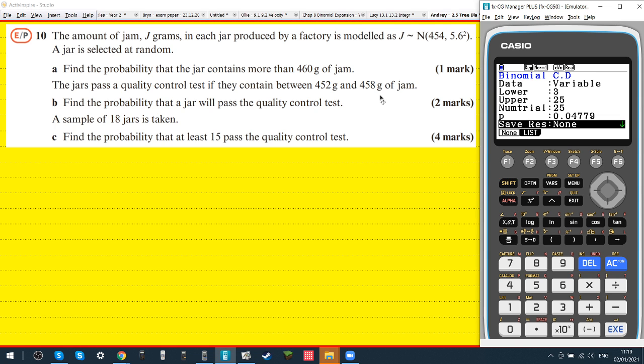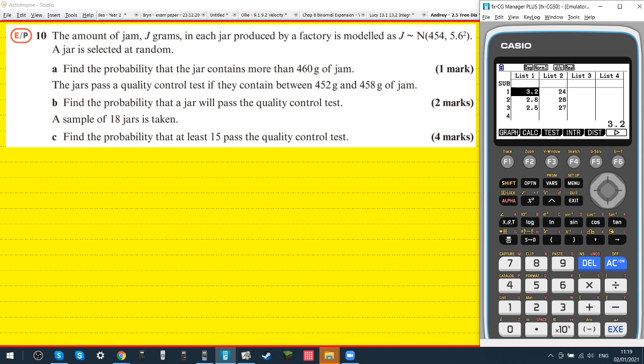And so if I then mean 454, deviation 5.6.